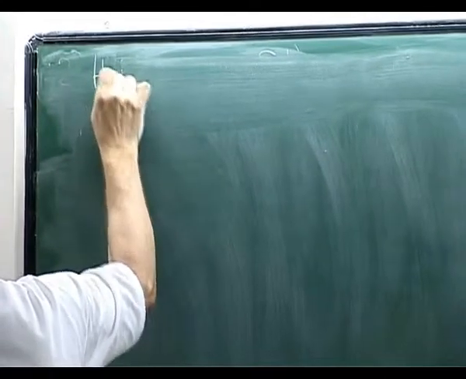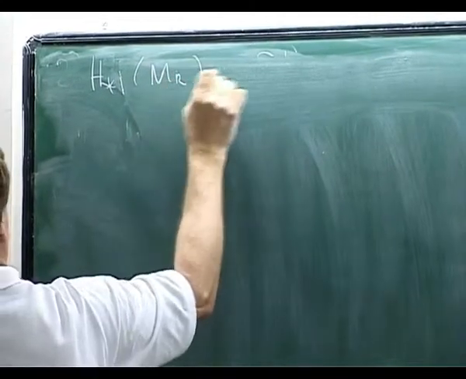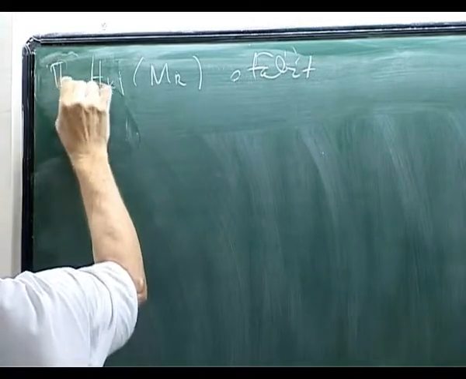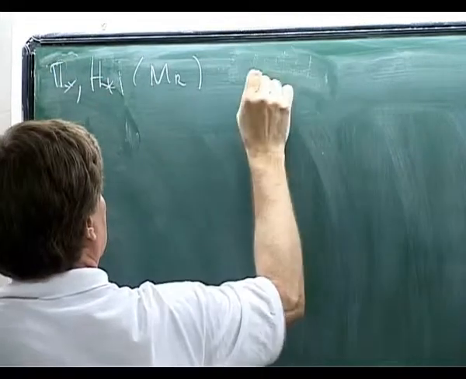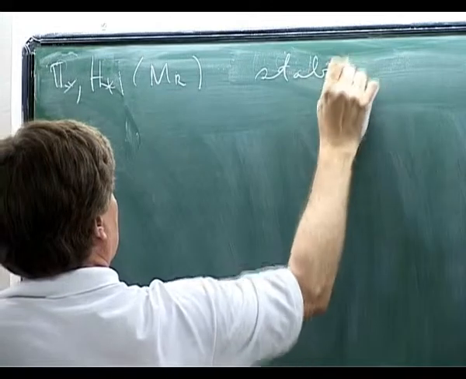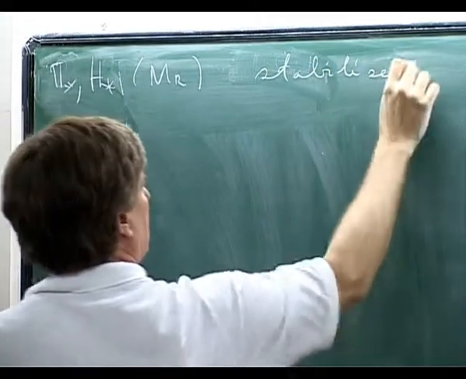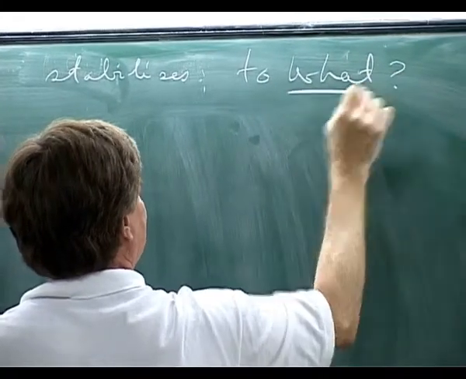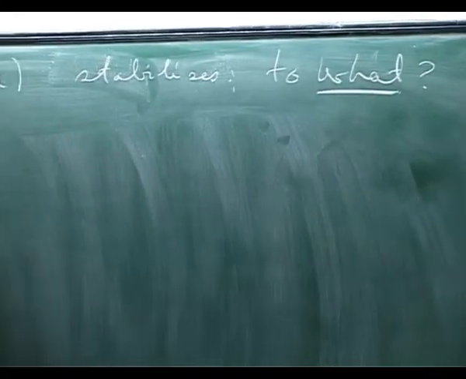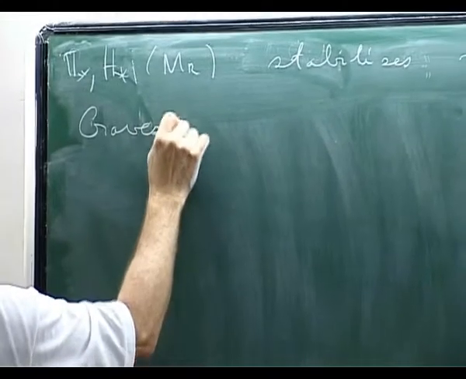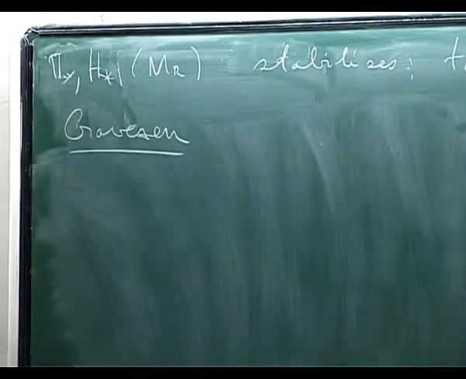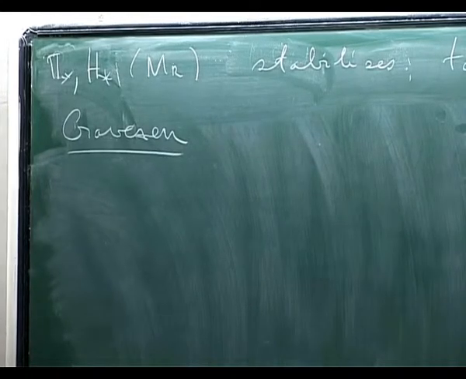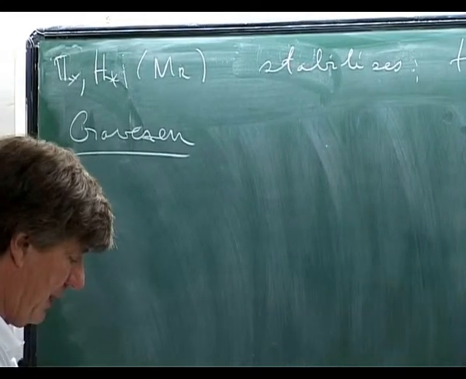So A star of mk stabilizes, and pi star. And the question then is to what? And there's a very nice result of Dobson, a student of Segal, who I think used ideas that Segal had already developed.